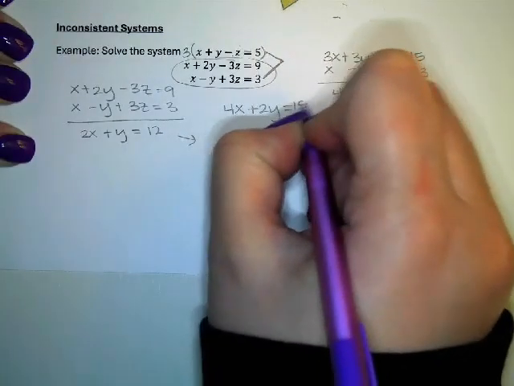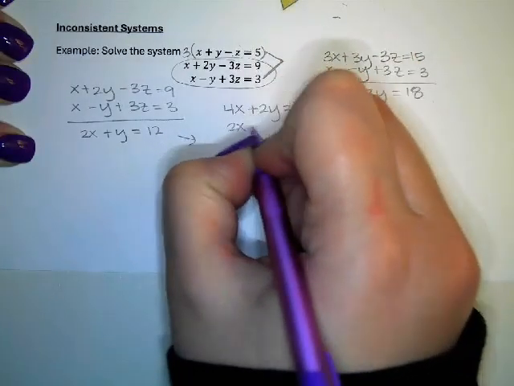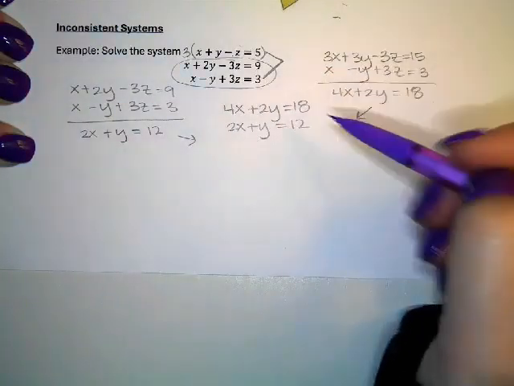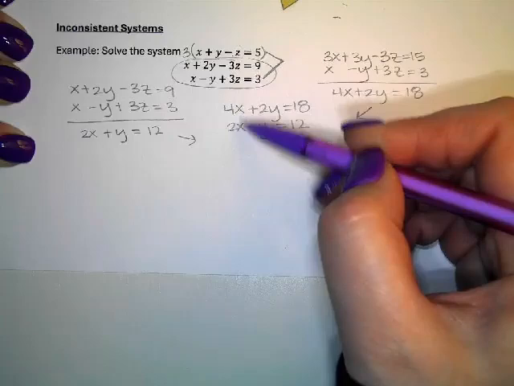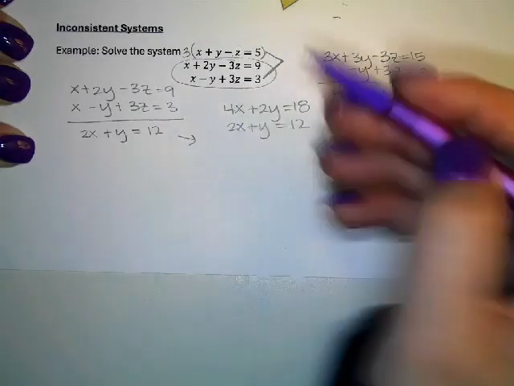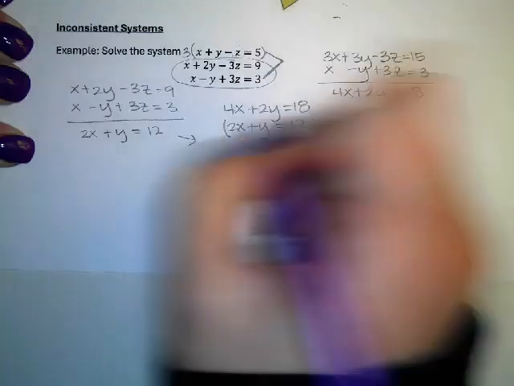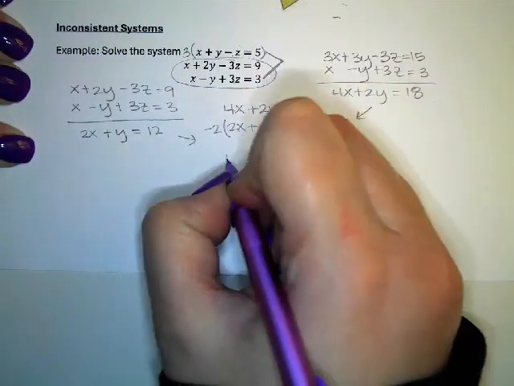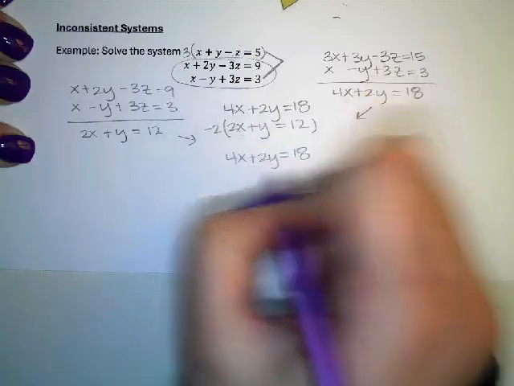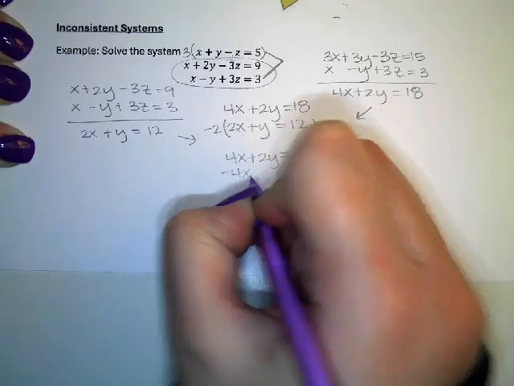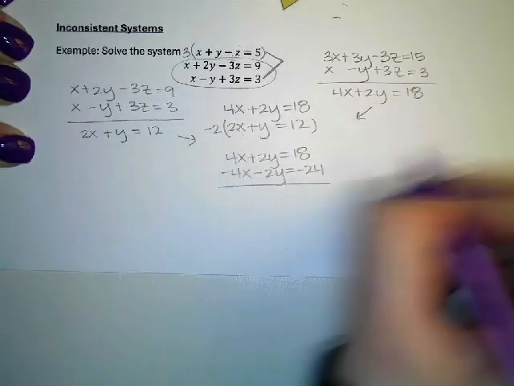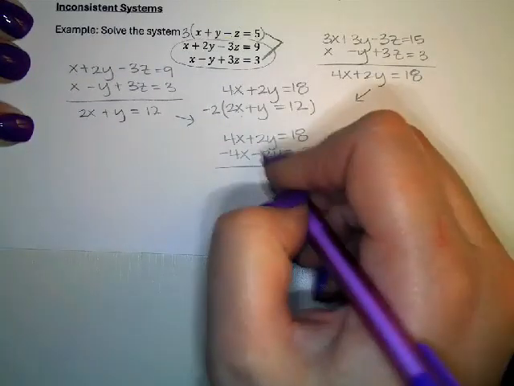And I can see that the x's can cancel out. This is positive 4, so I want this one to be negative 4. So I'm going to multiply by negative 2. And what ends up happening, these cancel, is that we end up with an equation that is not true.